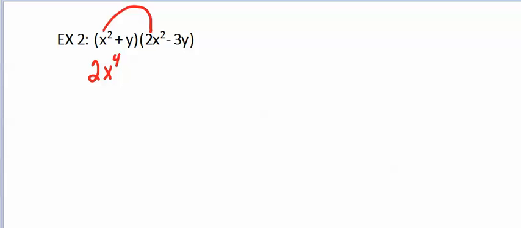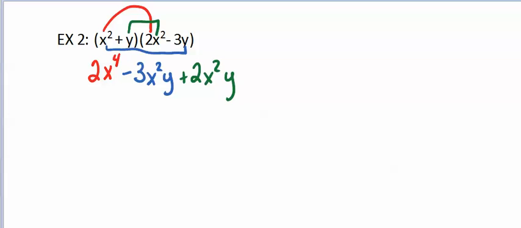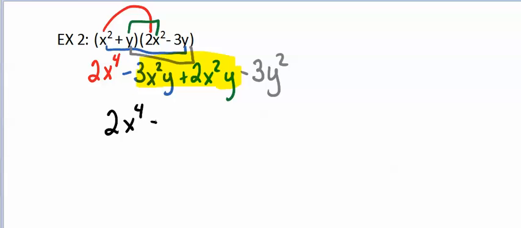I would do the outer terms, which would be negative 3x squared y. I would do the inner terms, which is 2x squared y. And then finally the last, which is y times negative 3y, which is negative 3y squared. I would look to see if there's any like terms, which there are right here in the middle. And then I would just combine those and simplify.